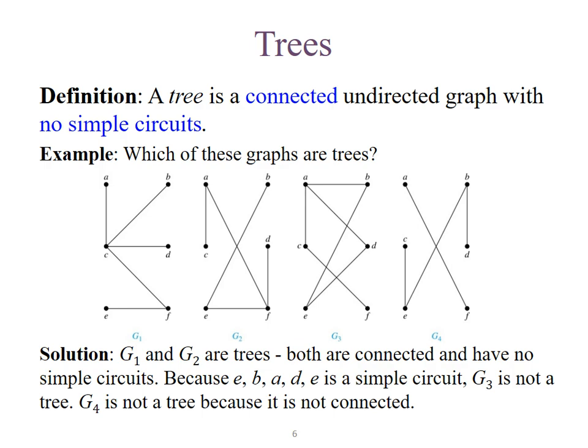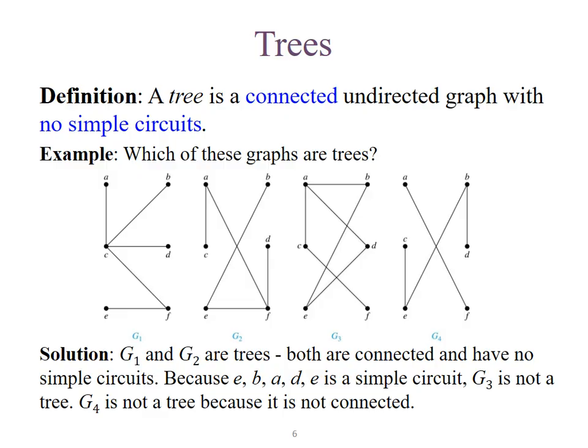Okay, so we have introduced some definitions about trees. A tree is a connected, undirected graph with no simple circuits. This is very important because a graph with any circuit is not a tree. Look at the following examples: G1, G2, G3, G4.